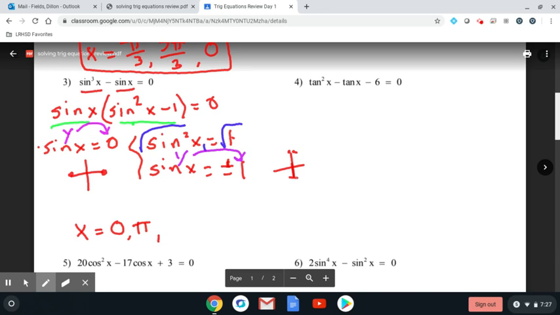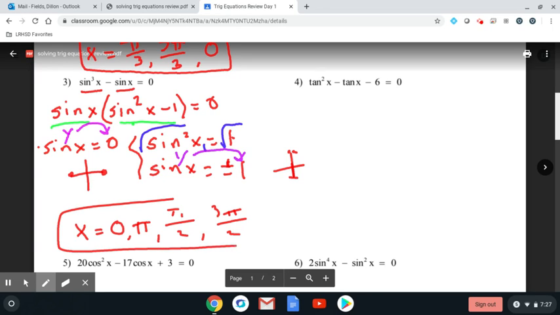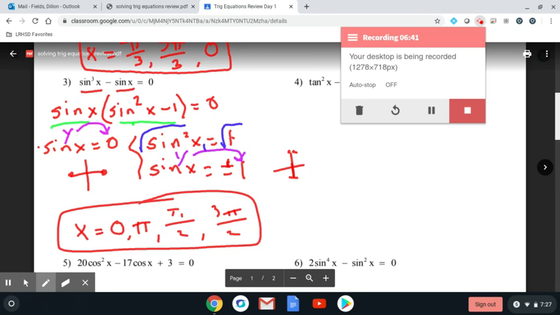So that would give us the two answers of pi over 2 and 3 pi over 2. Right. And those would be your 4 answers for problem number 3.